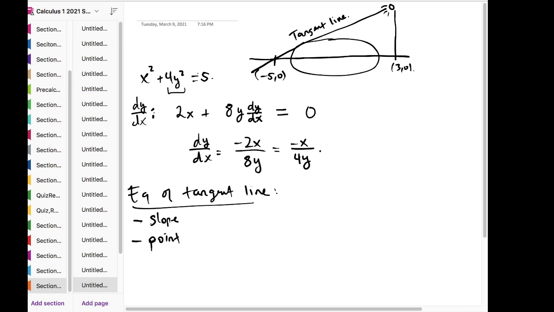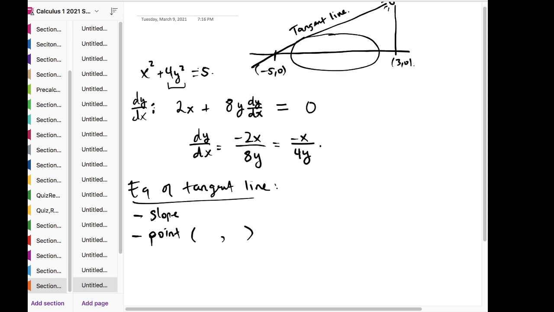What's a point on the line that we know? -5, 0, good. What's the slope? Good, yeah. So it's unknown, but must be of the form -x over 4y.